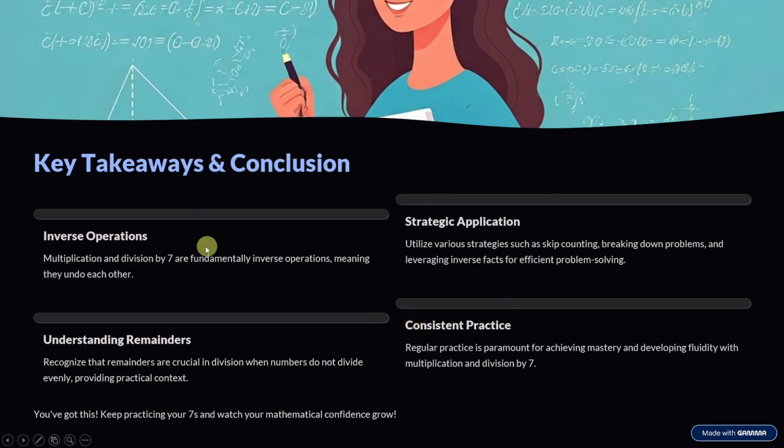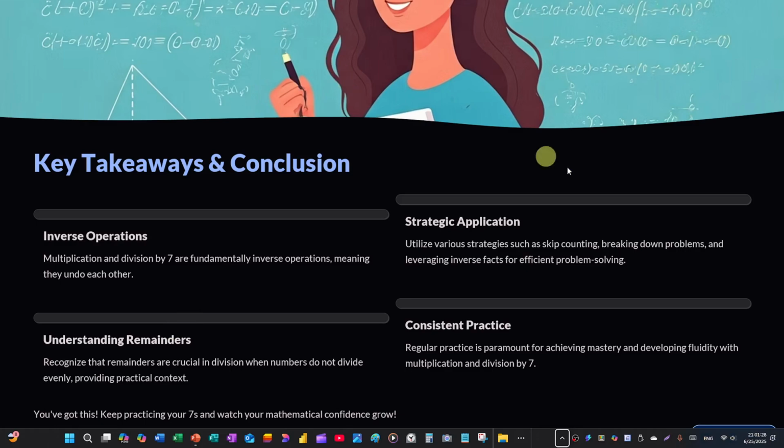Key takeaways, in conclusion. Inverse operations: multiplication and division by 7 are fundamentally inverse operations, meaning they undo each other. Strategic application: analyze various strategies for solving problems, like breaking down numbers and leveraging inverse math for efficient problem solving.